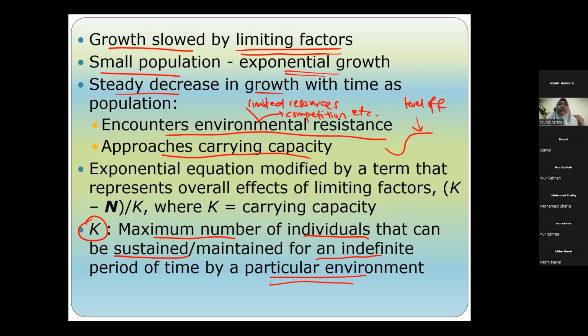So these are all the effects if the population grows above or beyond the carrying capacity. Do you understand the meaning of carrying capacity? The maximum number of individuals that can be sustained or supported by an environment at that particular time. Okay, right.